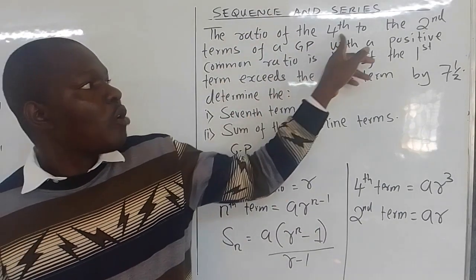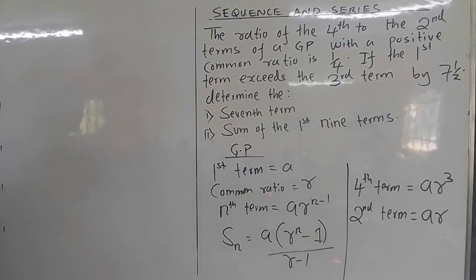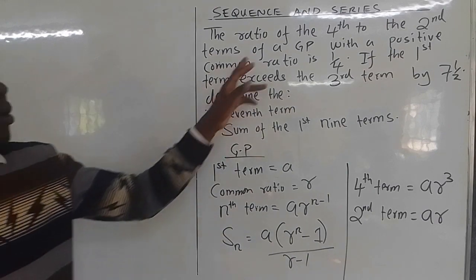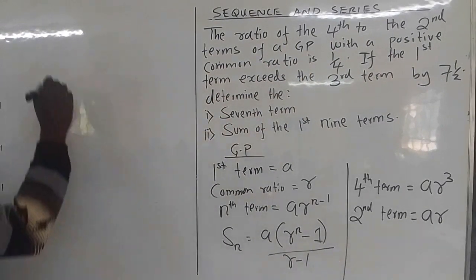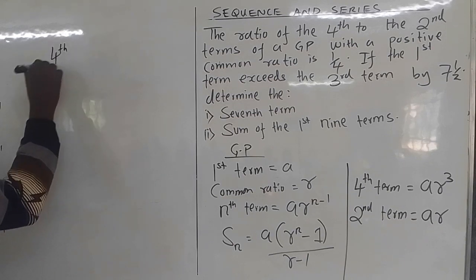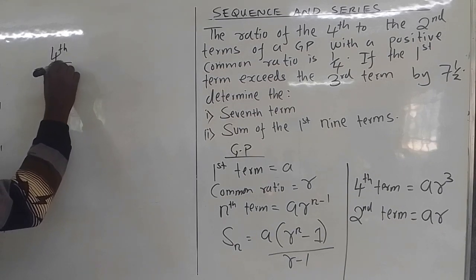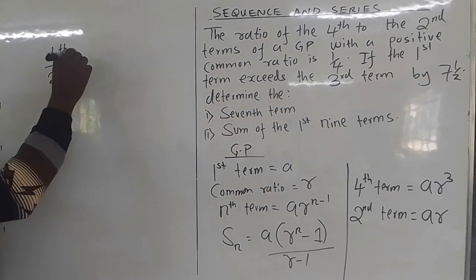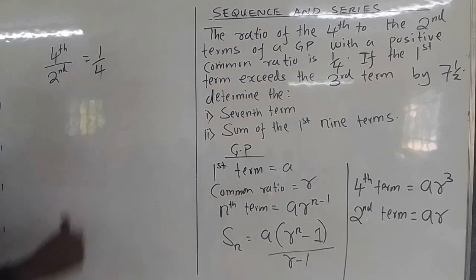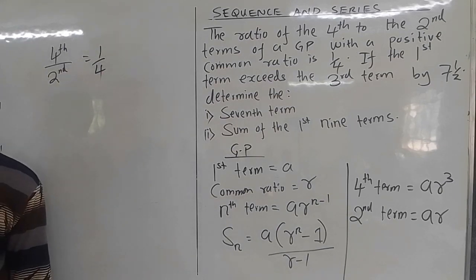So you now go to the question, what do they relate in fourth to second term? The ratio of fourth to the second term of the GP with the positive common ratio is what? So they are telling you the ratio of fourth term to second term, isn't it? Are we together? So the ratio of fourth term to second term is 1 to 4, isn't it?